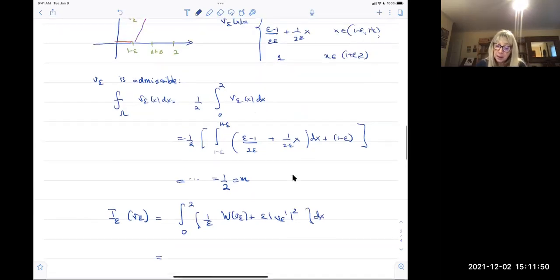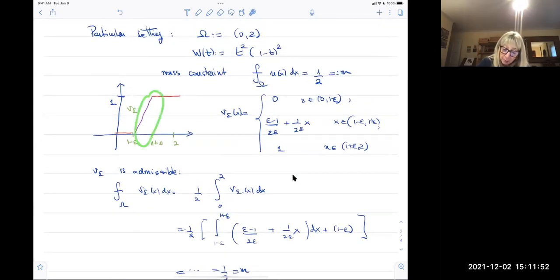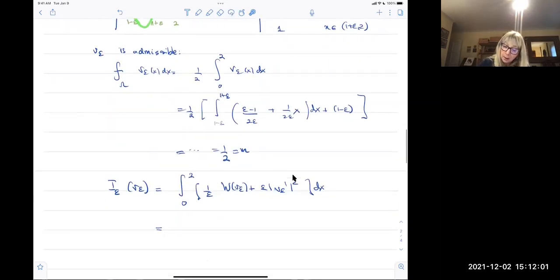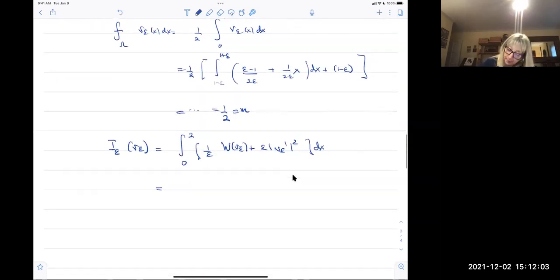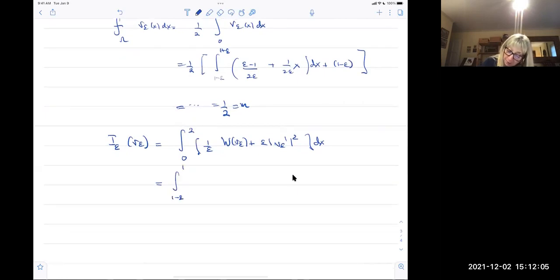And the only thing you see is what happens here, because w is 0 here, w is 0 there. The derivative is 0 here, the derivative is 0 there. So everything is happening here, right? And so you get 1 minus epsilon to 1 plus epsilon.